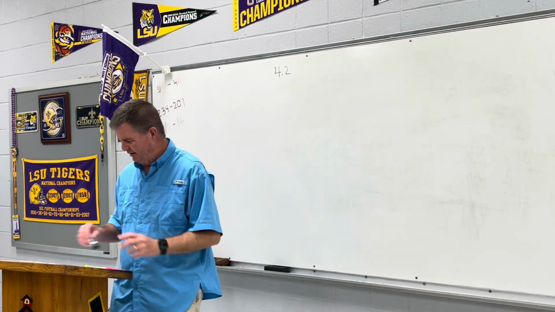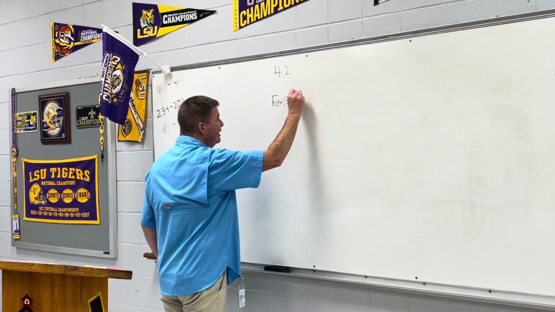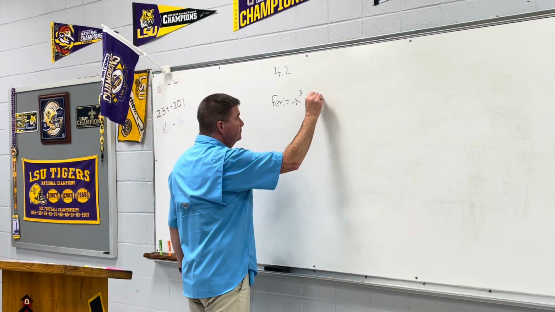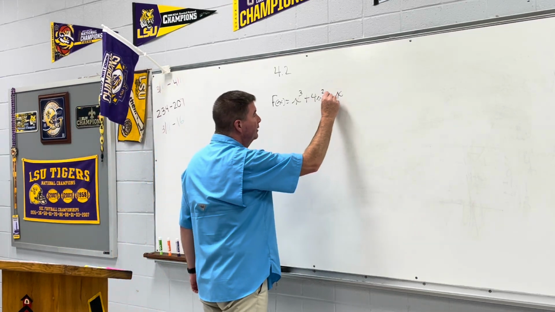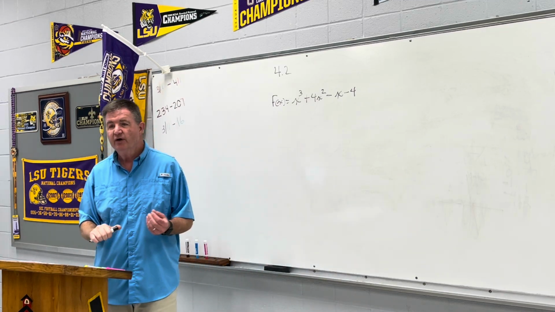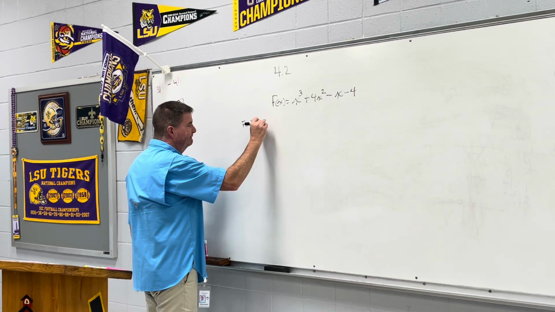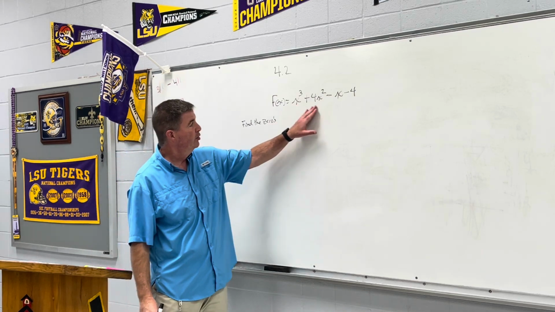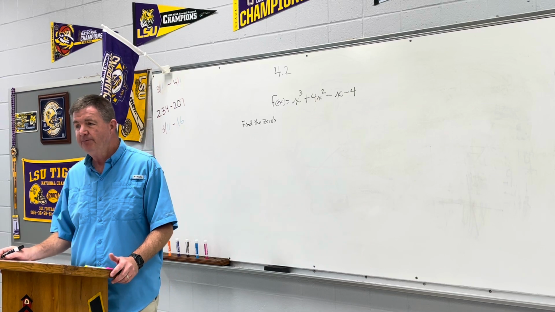So that's good. But if not, we might have f of x is equal to x to the third plus 4x squared minus x minus 4. If we're trying to find the zeros, we're going to factor that. Now this being a 4-term polynomial, we factor it by grouping.